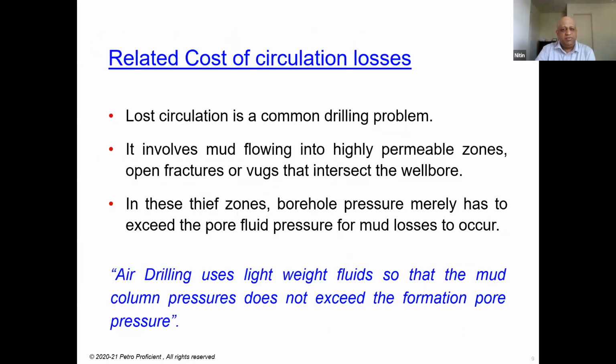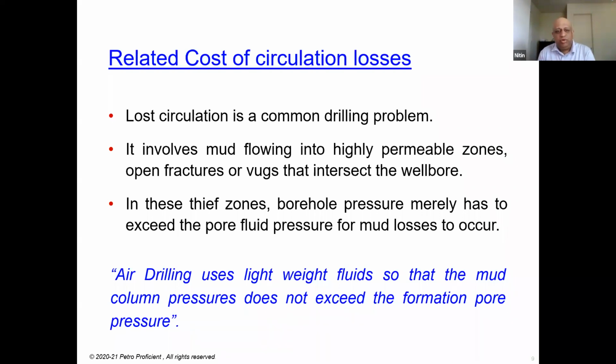And loss circulation, as I just discussed, is a very common problem. Air drilling basically uses a lightweight fluid so that the mud column and the pressure do not exceed the formation pressure. So when we know a particular formation has very low pressure, because of depletion or because of any kind of fractures that the formation has, then we can accordingly plan the mud system to have pressure that is just above your pore pressure.